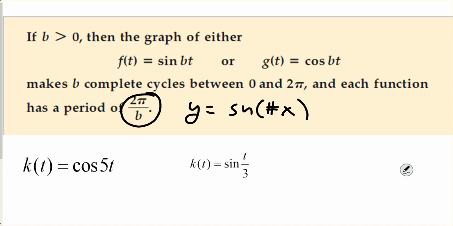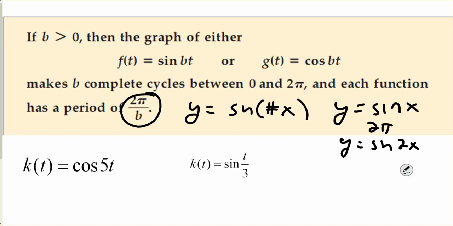So when we graphed y equals the sine of x in that one activity, you had a period of 2 pi. When you had y equals the sine of 2x, you had a period of pi. It was real tight. And then when you did 1/2, you got a period of 4 pi. So this is kind of crazy, right?